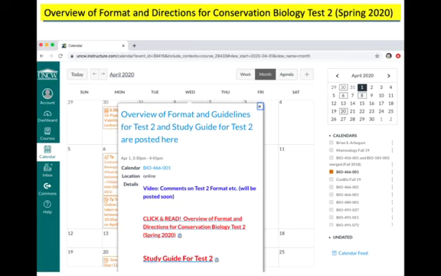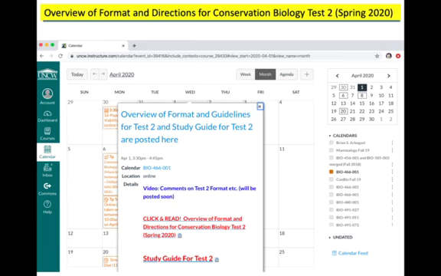Then below that, I will have some of the key points that I'm going to go over today. For you, those are already posted. They sort of go over the guidelines and the directions and so on for the exam. And then below that, you have your study guide for test 2. Again, this is all in the folder for April 1st.